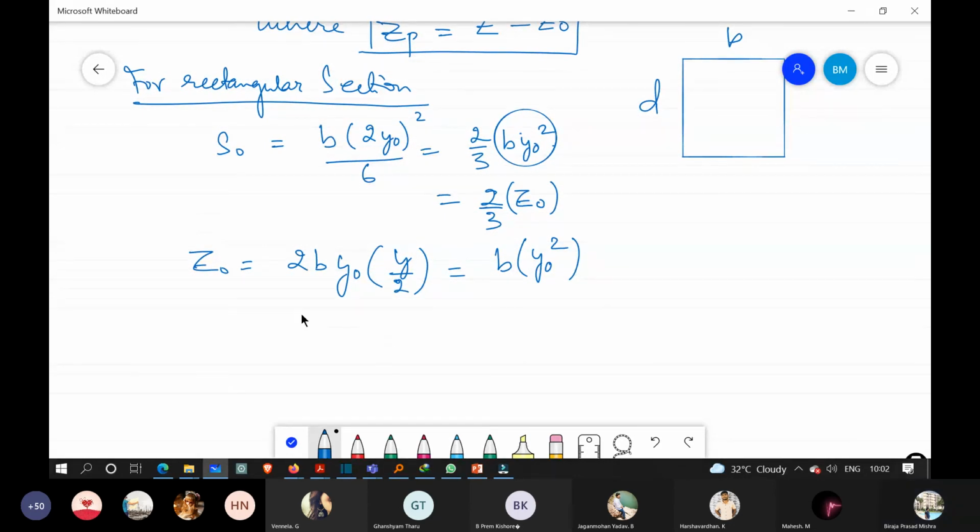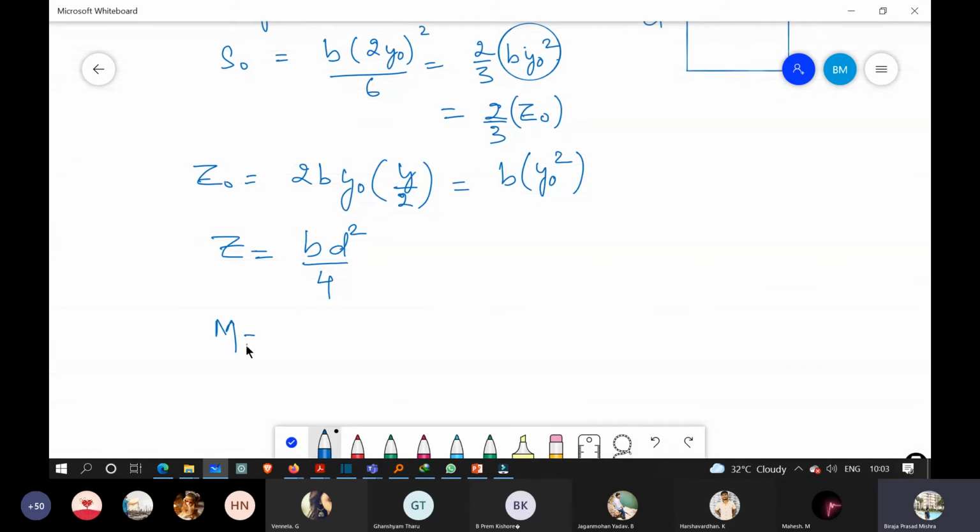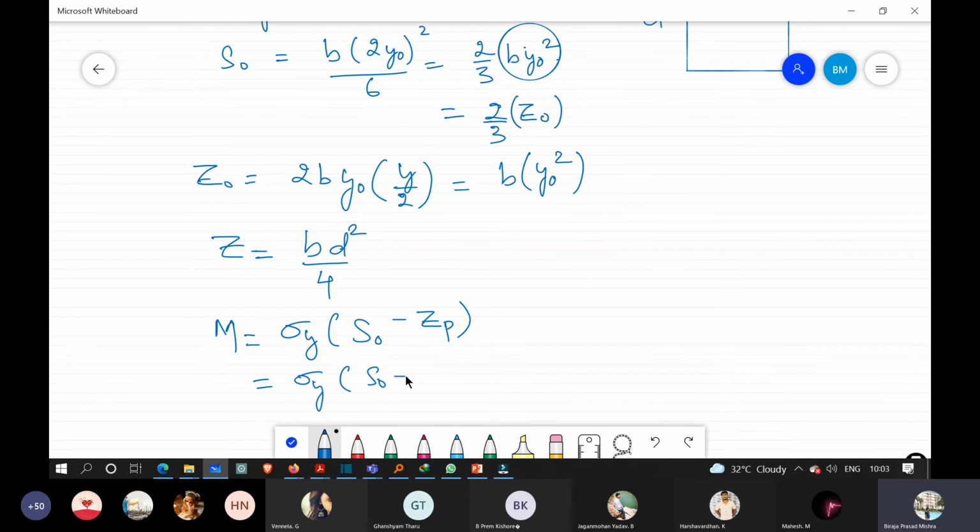And Z equals, we already know, bd square by 4. So what is the moment M? M equals sigma y into S0 plus Z minus Z0.